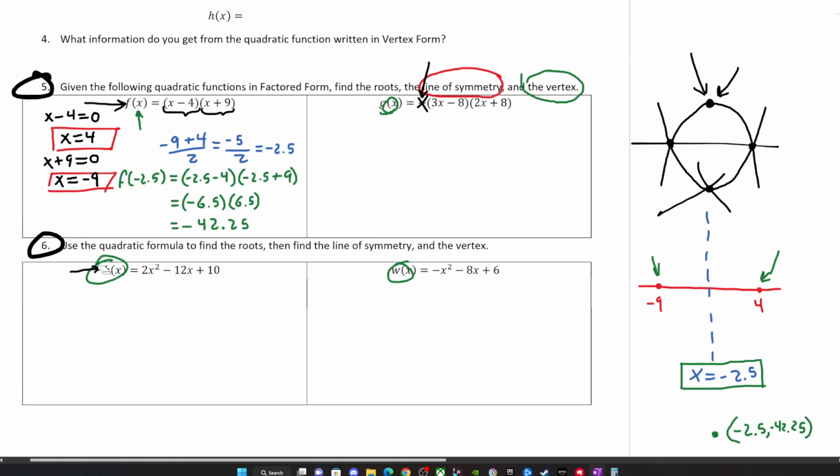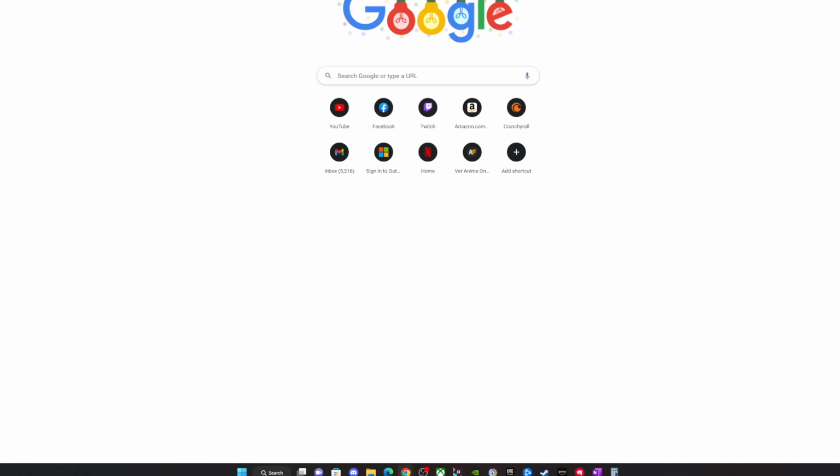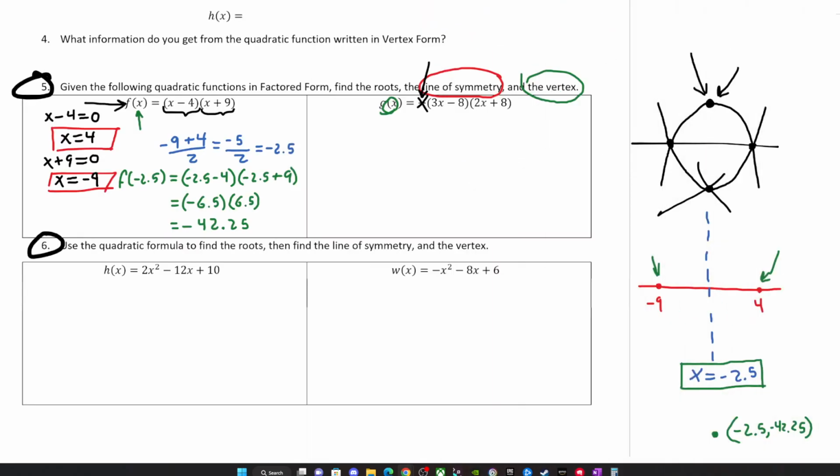The only thing about number 6 with h of x and w of x is that to find the points of intersection, my roots, you have to use the quadratic formula. Let me get you guys the quadratic formula.